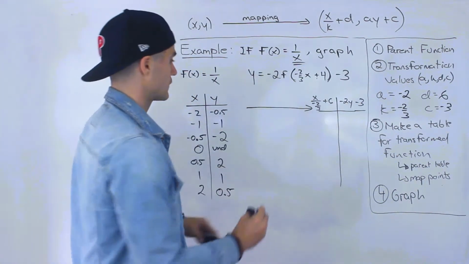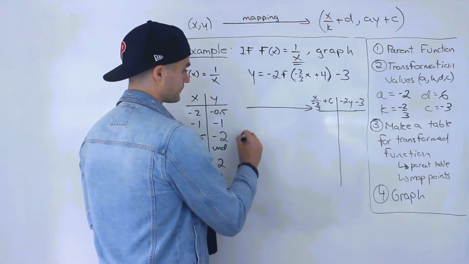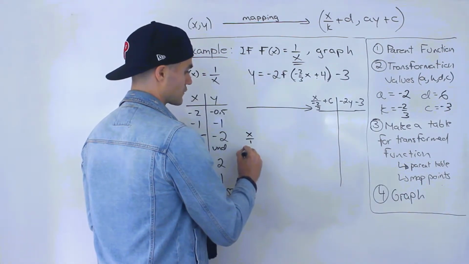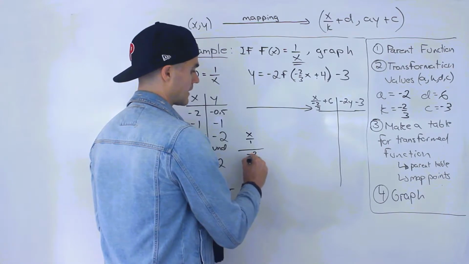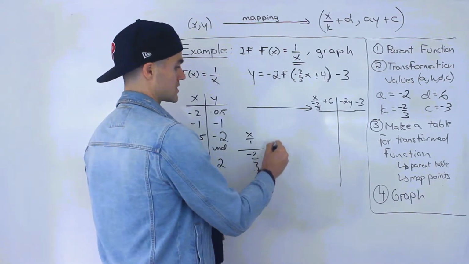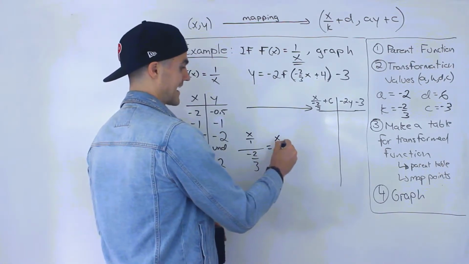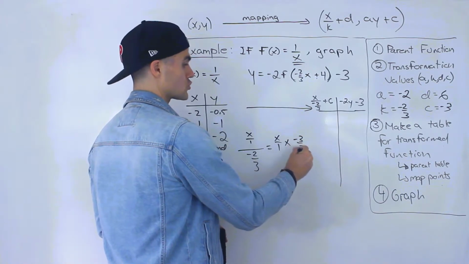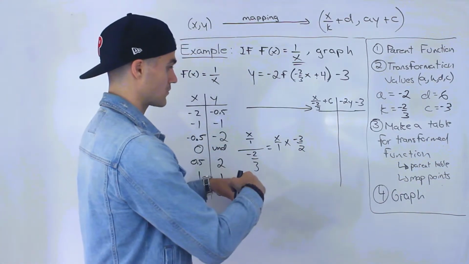Now x divided by negative 2 over 3, you could leave it like that. I'm going to put it in a nicer format, so it's like x over 1 divided by negative 2 over 3, which is like x over 1 times negative 3 over 2, right? Multiplying it by the reciprocal.